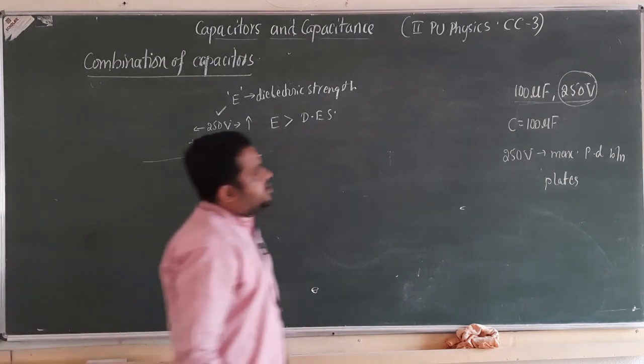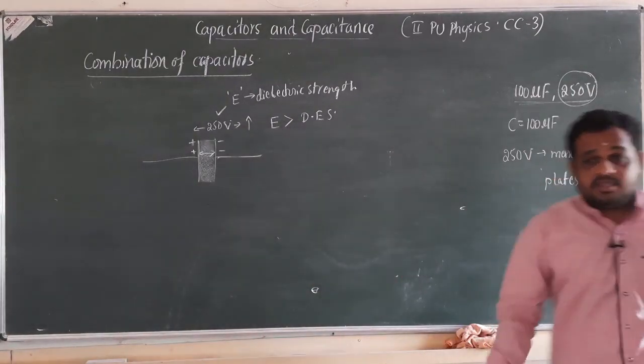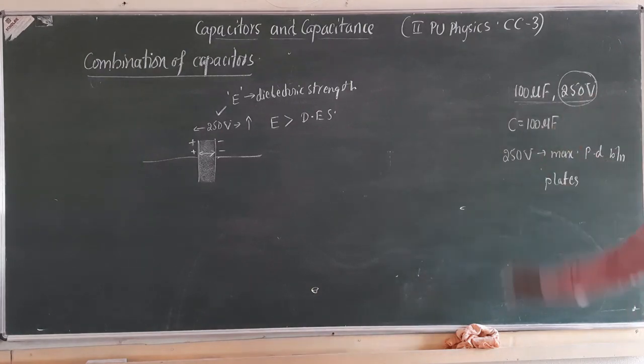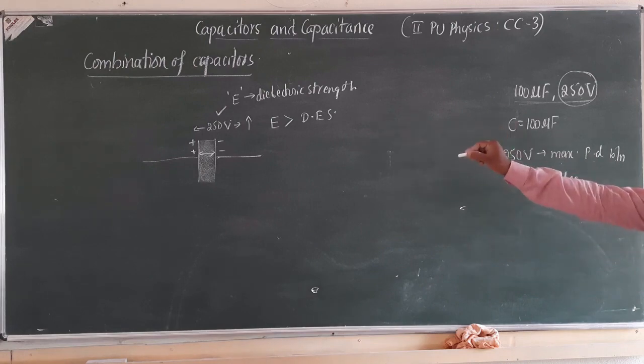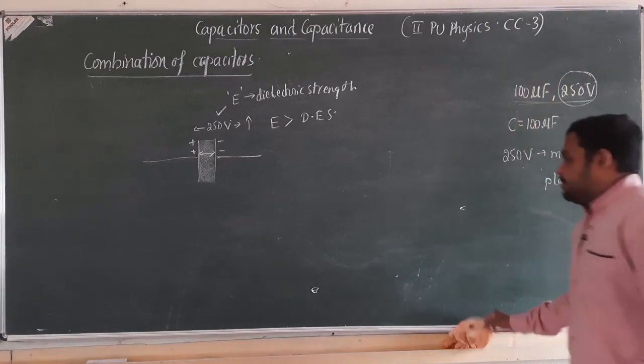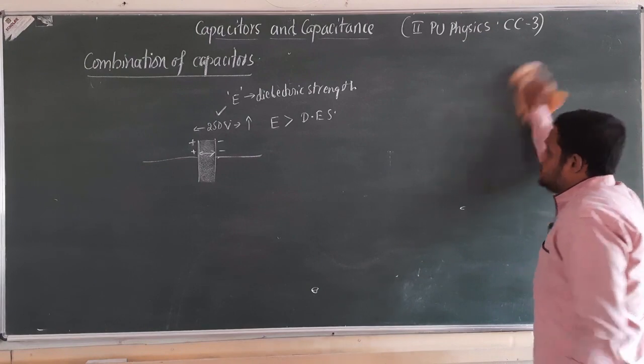So that rating will be mentioned in a capacitor along with its capacitance value. It is the maximum possible potential difference between the plates. If the potential difference exceeds that rating, then dielectric breakdown occurs in that particular capacitor. Just remember this.